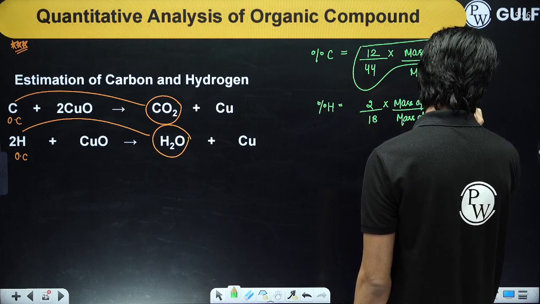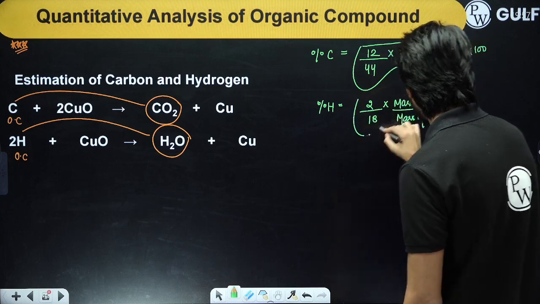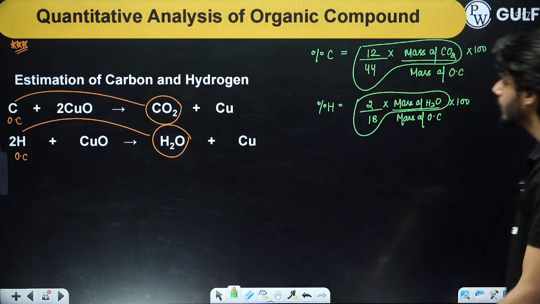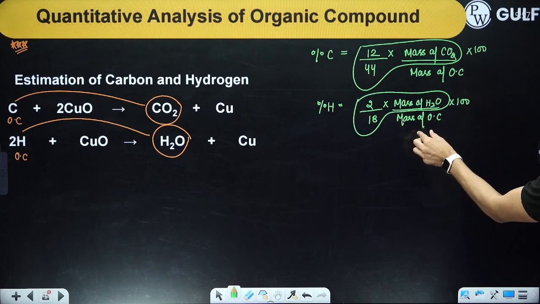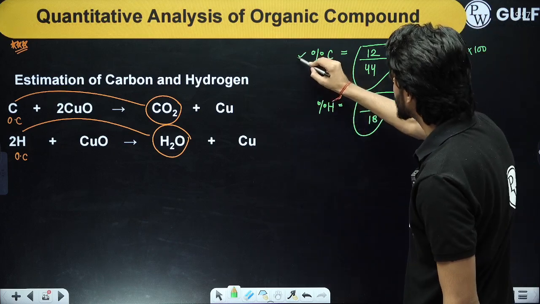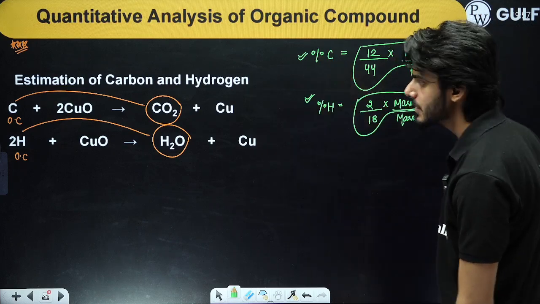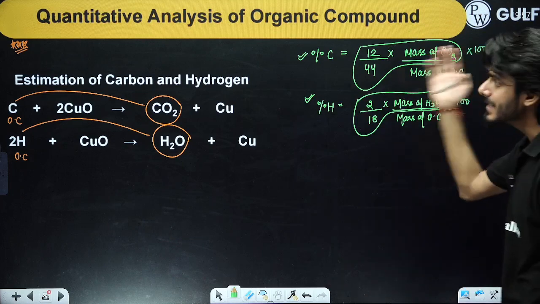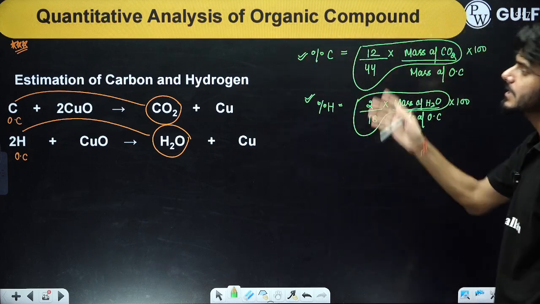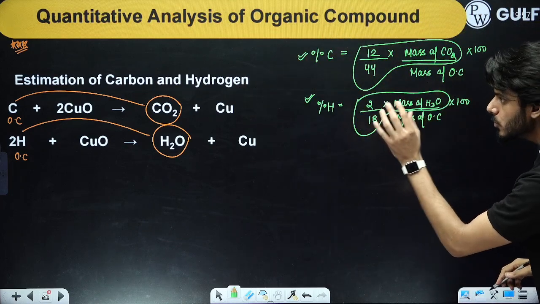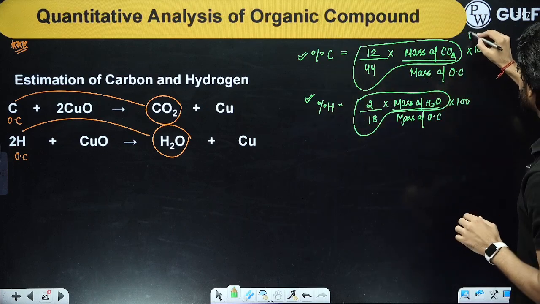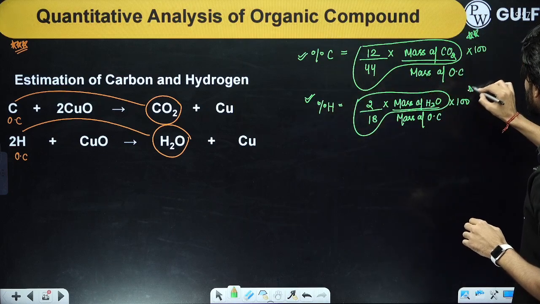You will multiply it by 100, and now you know this very well. This is the given mass of hydrogen divided by the mass of organic compound. You will have the percentage of carbon and the percentage of hydrogen in this case, and this is how you can quantitatively analyze both carbon and hydrogen. So always remember these formulas, very, very important.